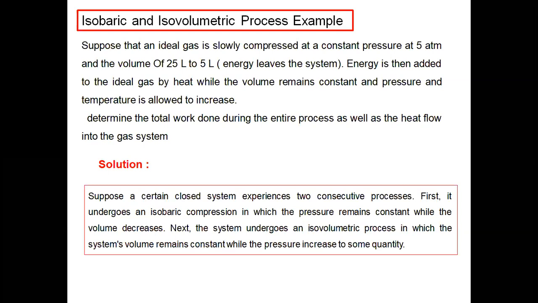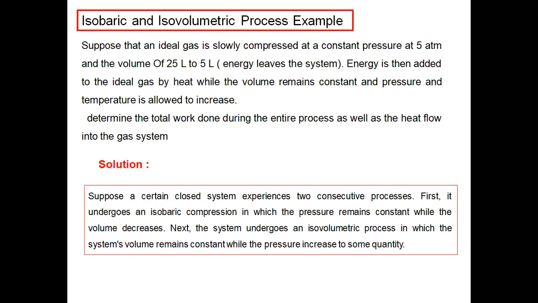Energy is then added to the ideal gas by heat while the volume remains constant, and pressure and temperature are allowed to increase. So determine the total work done during the entire process as well as the heat flow into the gas system.